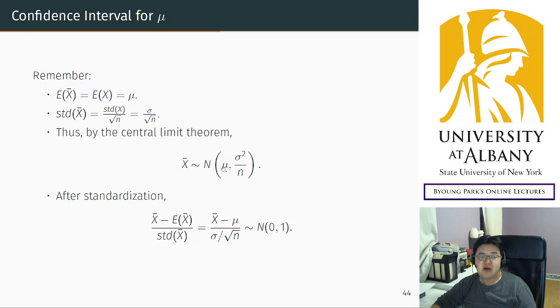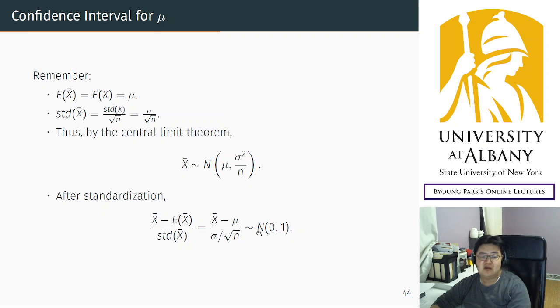So these are population parameters, but x bar is the sample average. So this is a non-standard normal distribution, so we use the standardization process. Subtract the mean and divide by the standard deviation.